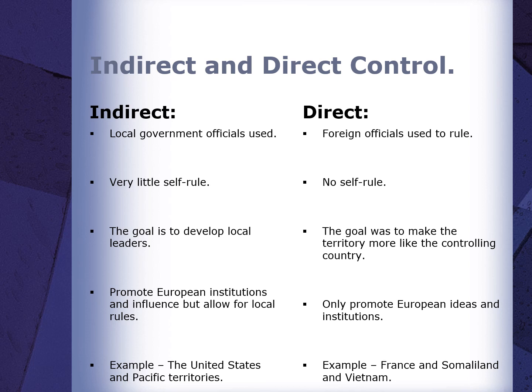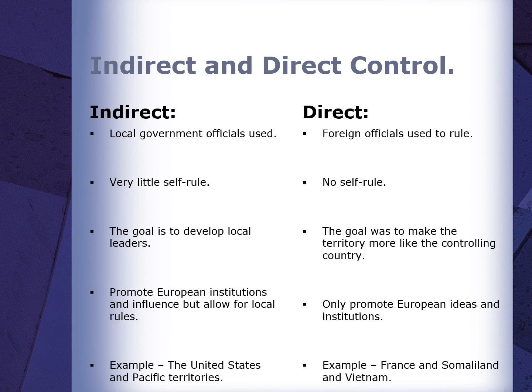There is self-rule, which means that the country or the territory can make decisions on its own. But there's very little self-rule. So they have self-rule, but it's not extreme. The goal of this is to develop local leaders. So what Great Britain, for example, may want to have done was help these local leaders learn how to control their country and make wise decisions.